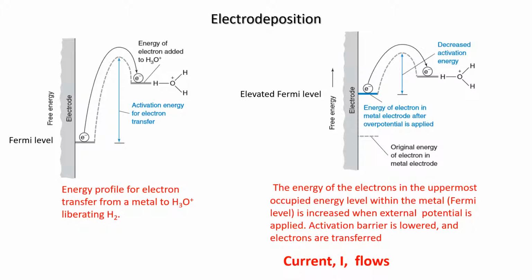Now, in the example on the right, a potential has been provided, and the Fermi level has been elevated, and now you can see the activation energy is overall much lower, and the reduction can take place. As a result, appreciable current will flow.